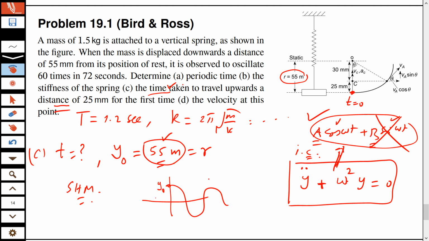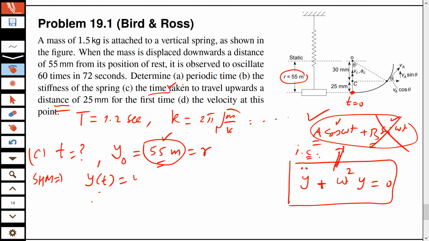y naught. So this means I can now write down, because I know it's simple harmonic motion, and when I know simple harmonic motion, it must be cosine or sine, and I established that this equation for y of t must be equal to y naught sine omega t. No, sorry, cosine omega t, because this will satisfy the initial condition. If I put y of 0 here, y of 0 will give me y naught.